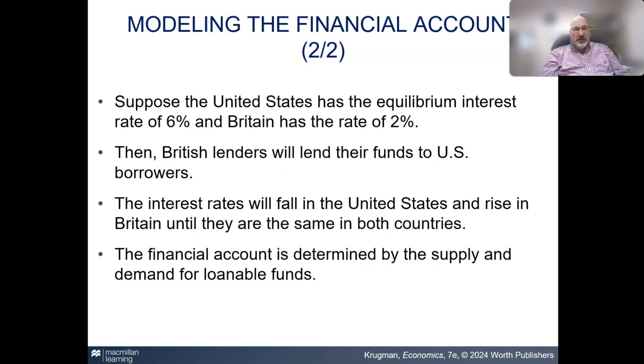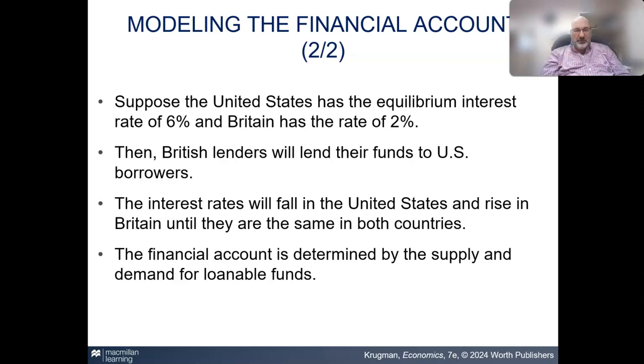Okay, hit an easy button, ladies and gentlemen. Just stay with me. All right, so suppose the US has the equilibrium interest rate of 6%, Great Britain has the rate of 2%. Then British lenders will lend their funds to US borrowers, and interest rates will fall in the US and rise in Britain until they're the same in both countries, and will both settle somewhere around 4%.